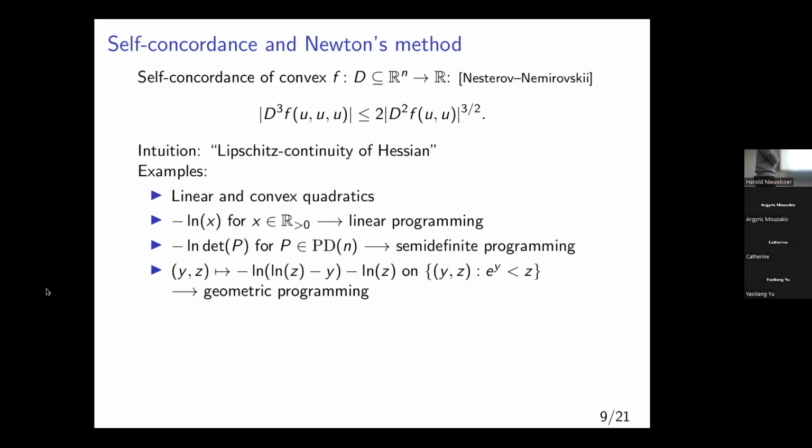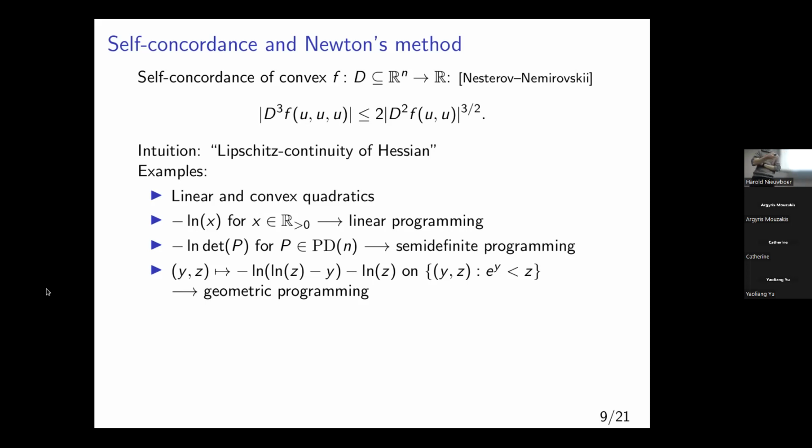The first interesting example, which is already hugely important, is minus the logarithm, defined on the positive numbers. How do you verify the estimate there? You compute the third derivative of this function, and you realize that it's 2 over x cubed.